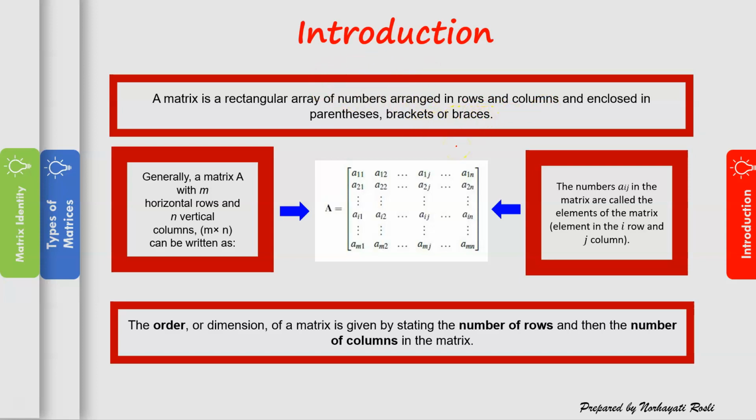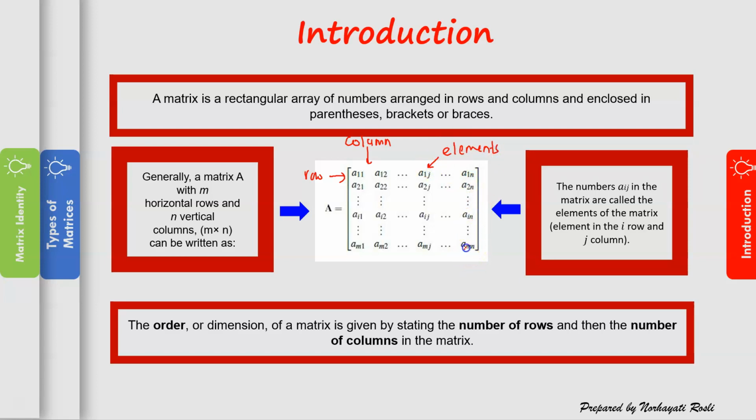So here we enclose this one in brackets, and this one we call a row, and this one we call a column. And here we can see we have elements a11, a12, a1j, and so on. So all these a's we call elements of the matrix.